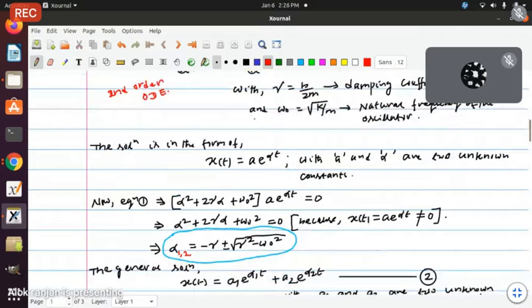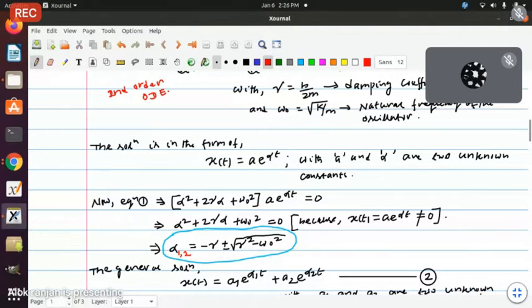So what would be the solution? We start with the trial solution x of t equal to a e to the power alpha t, where a and alpha are unknown constants, and then we have this equation, a quadratic equation. Either the term sitting in the square bracket will be 0, or a e to the power alpha t will be 0, or both.